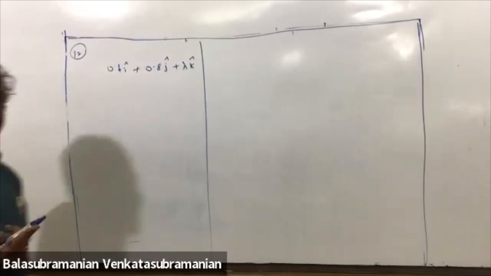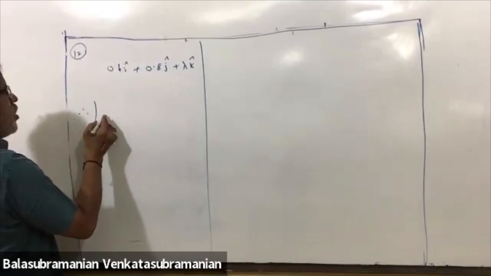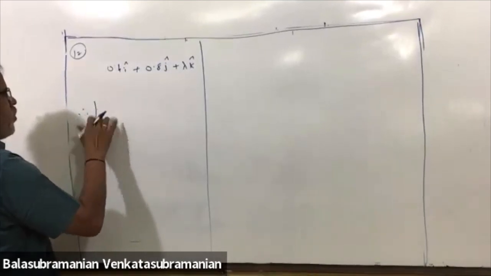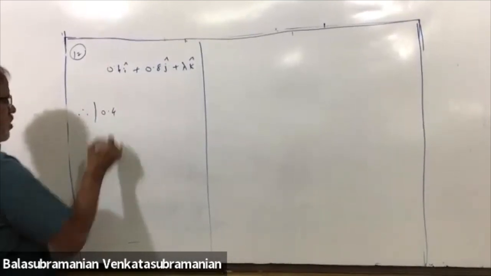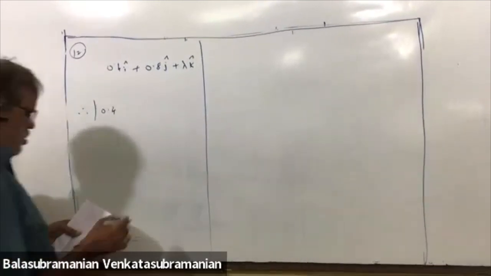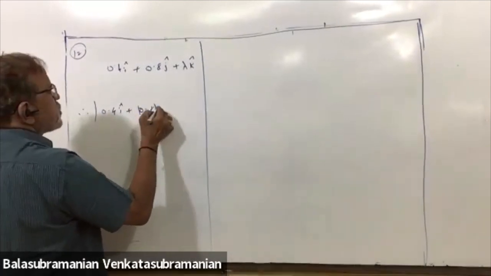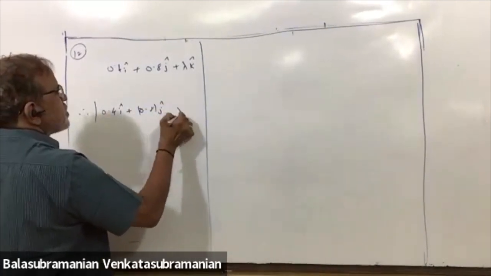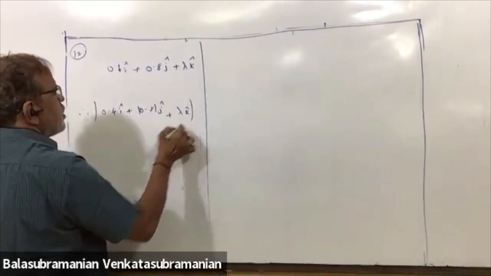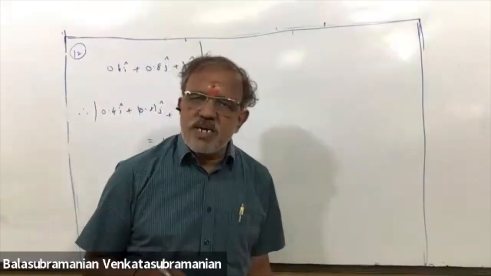Unit vector means magnitude is 1. What is the meaning? Modulus of 0.4i plus 0.8j plus lambda k is equal to 1. Unit vector magnitude is unity.